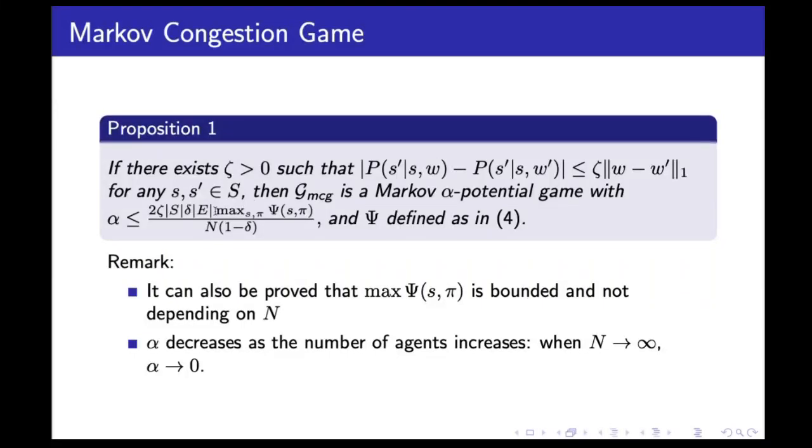Alpha also depends on the maximum of this function psi we choose, but we actually show that this is bounded and doesn't depend on n, so that your alpha will decrease as the number of players goes to infinity.